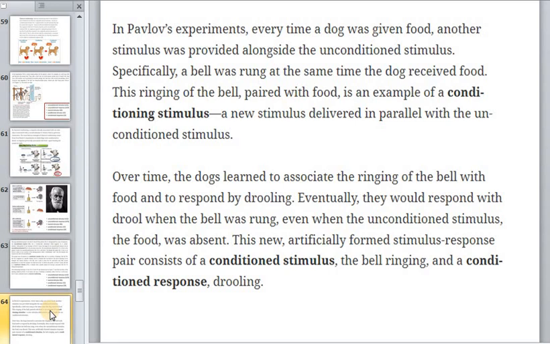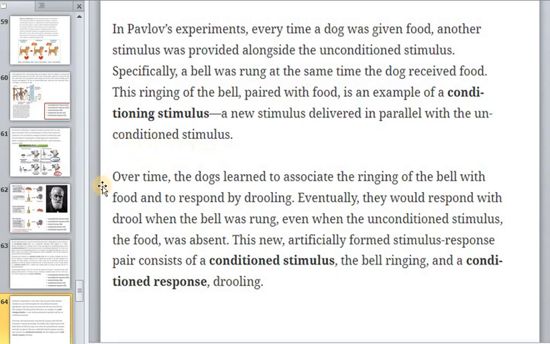In Pavlov's experiments, every time a dog was given food, another stimulus was provided alongside the unconditioned stimulus, especially a bell. The bell was rung, and at the same time the dog received the food. This ringing of the bell paired with the food is an example of the conditioned stimulus, a new stimulus delivered in parallel with the unconditioned stimulus.